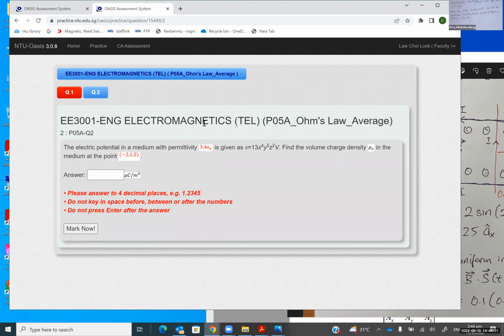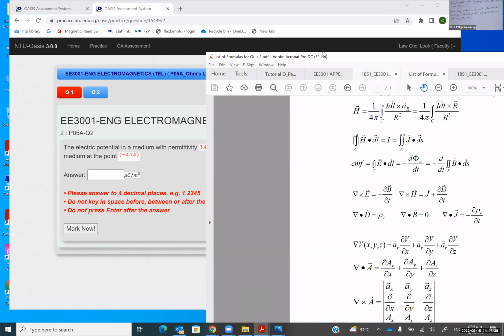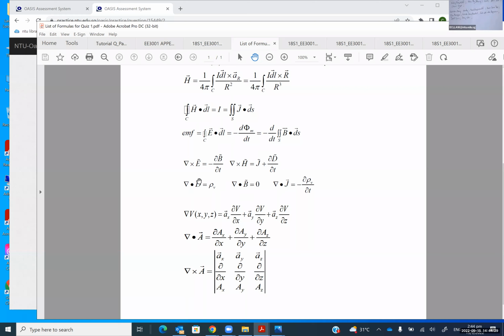Okay, so which formula immediately comes to your head that gives you volume charge density? Divergence of D. Divergence of D is rho V. So you need to calculate divergence of D. So del is a vector, right? Del x ax plus del y ay plus del z az, right?